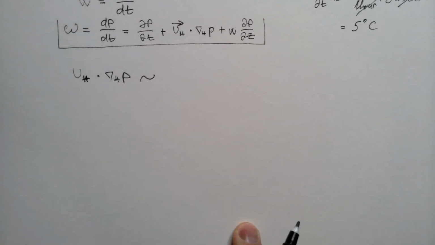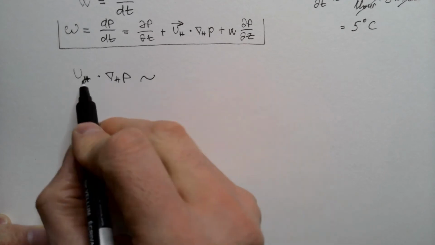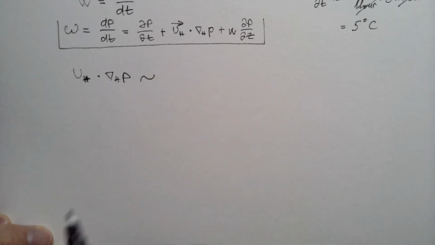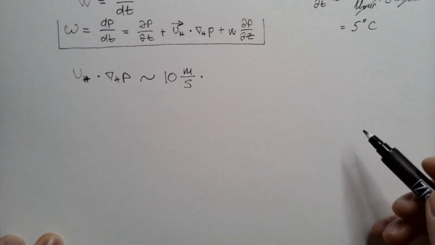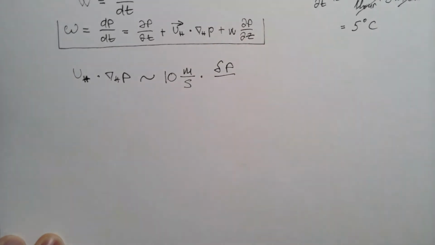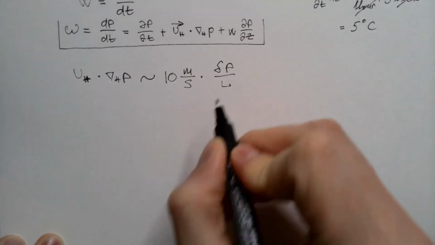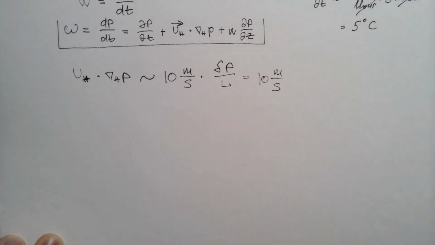scales. And now you have to go and watch my video on the concepts of scaling, as well as the video on scaling of horizontal momentum equation to understand what I will say. This term scales as the characteristic value of horizontal velocity in mid-latitudes, and that's 10 meters per second, times the characteristic pressure perturbation, which we call delta P, over the horizontal scale L. And that is equal, well, 10 meters per second.